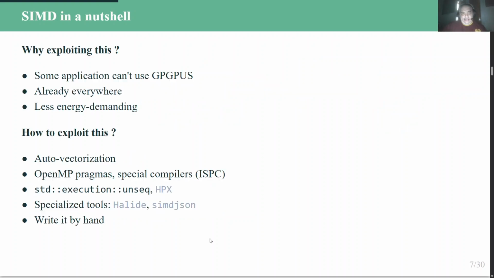But the question then is why I want to bother with that, and how do I exploit this? Maybe you want to go fast. Your first thought could be I'm going to run on GPUs, except some code doesn't fit the GPU model of programming, or you cannot have a GPU for that, depending on your energy budget or your budget alone. And SIMD instruction sets are basically everywhere.